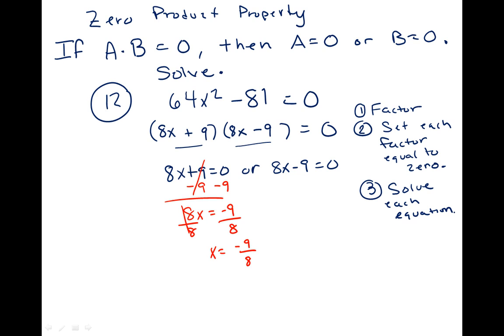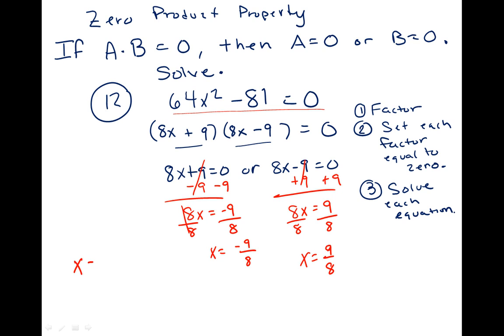For 8x minus 9 equals 0, I'll add 9 to both sides. So 8x equals 9. Divide both sides by 8. So x equals 9/8. Those are the two values that you could plug into this equation and have it equal 0. So x is equal to negative 9/8 and positive 9/8.